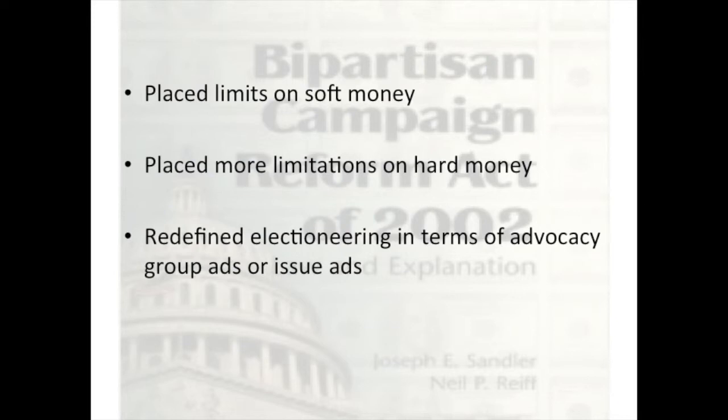Essentially, it's keeping national parties from laundering money through those organizations to let somebody else spend the money for or against a candidate, because the national party committee can't, because it's against the law. Hopefully that made sense.